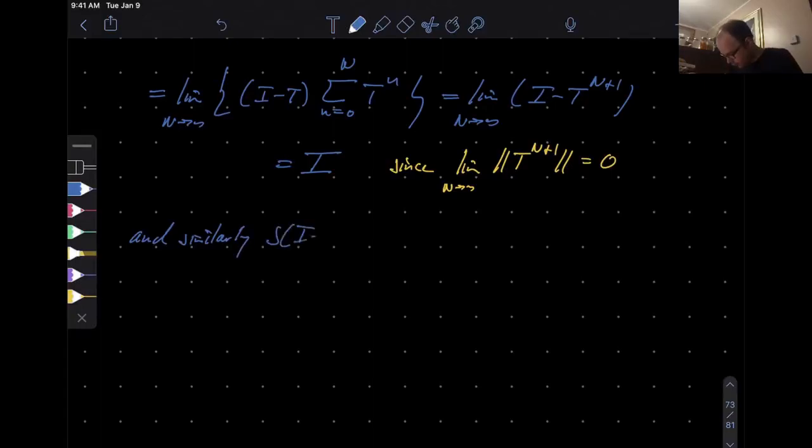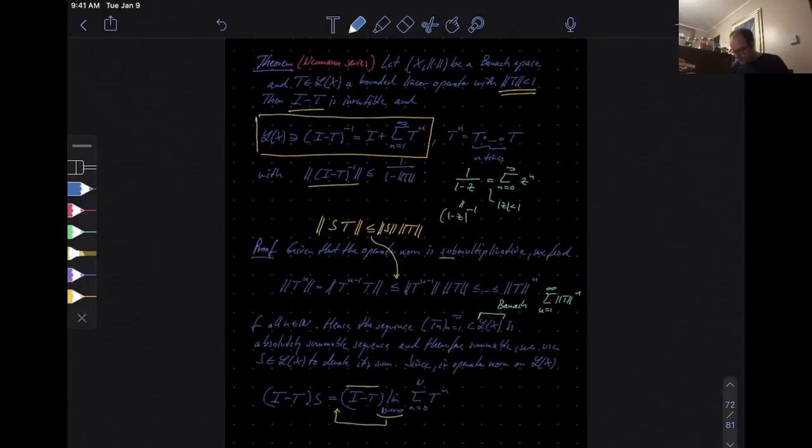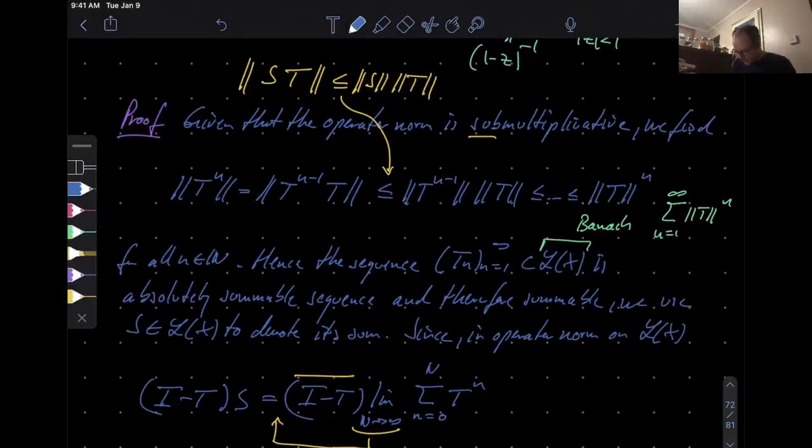S times (1 minus T) is equal to the identity. We conclude that S is a two-sided inverse: S times (1 minus T) is the identity and (1 minus T) times S is the identity. And notice, by the way, that criterion that I used here implicitly, about being in a Banach space and absolutely summable sequences being summable, means in particular that their sum is in the space.